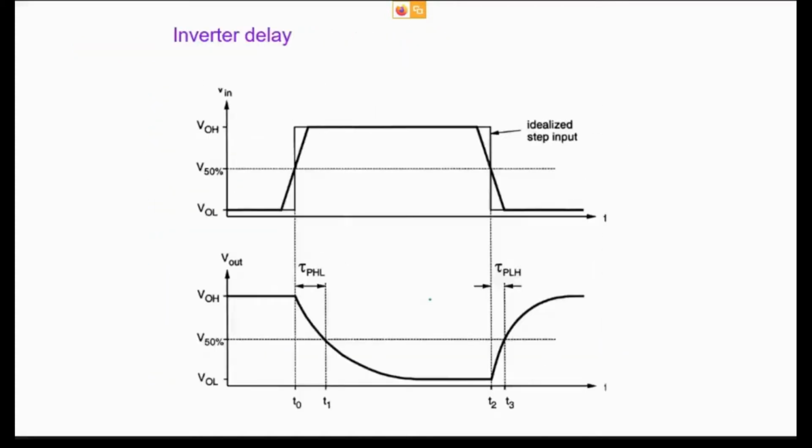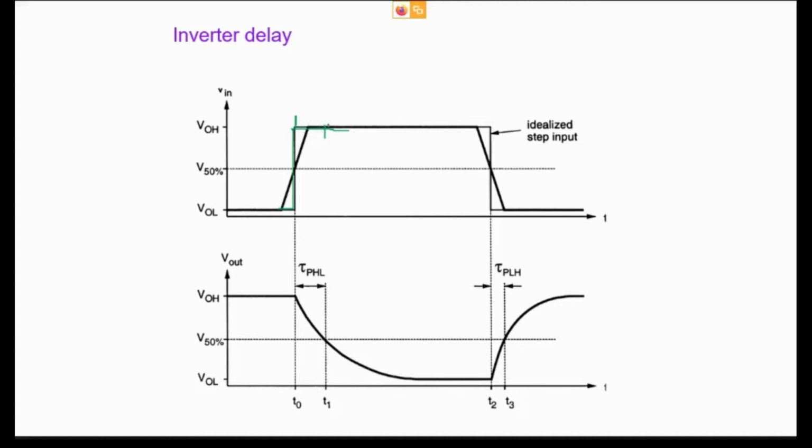we have assumed that we are using an ideal step input. So here you can see your input is VOH. What is the value of input? VOH at T0, and also at this particular point, Vin is equal to VOH.